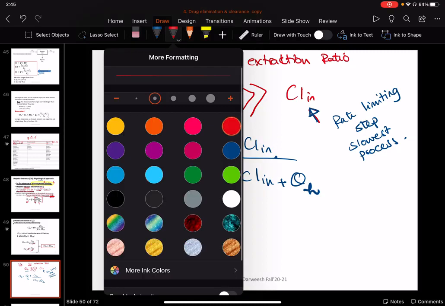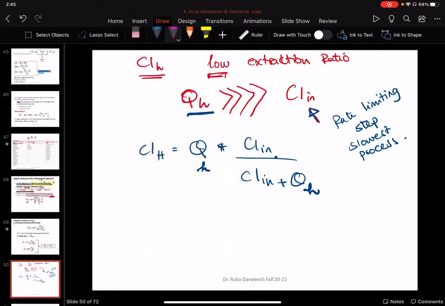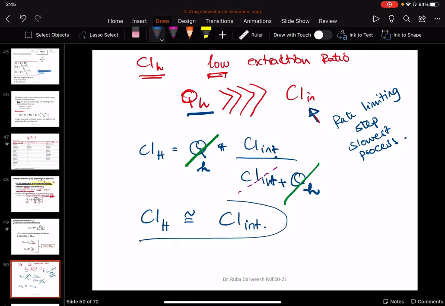So if the intrinsic clearance is very small compared to the flow, it means that we can neglect it here, and if so, then Q goes away, and at the end the hepatic clearance would be estimated to be equal to the hepatic intrinsic clearance of that drug. This is if we are talking about a low extraction ratio drug.